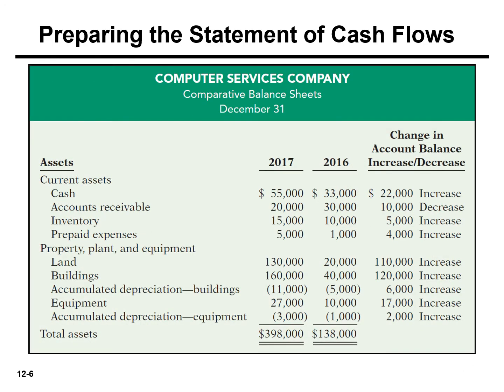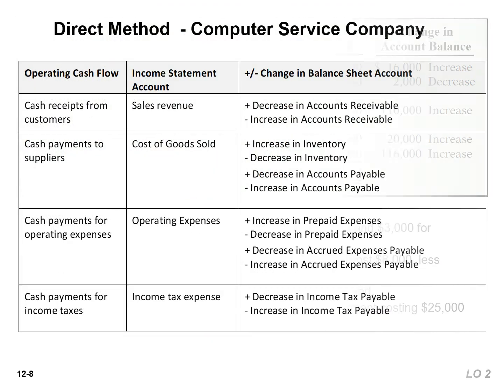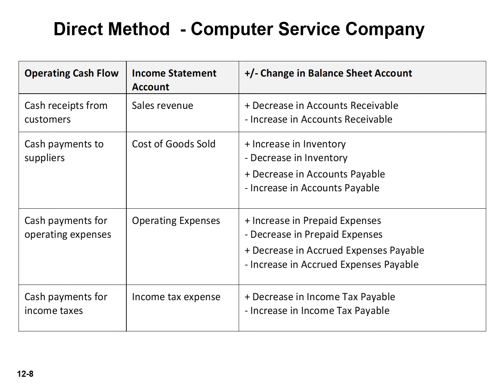We also need a comparative balance sheet as well as additional information. Let's begin by analyzing the items reported in the income statement in the order in which they are listed. Our sales revenue was $507,000. Our cost of goods sold is $150,000.